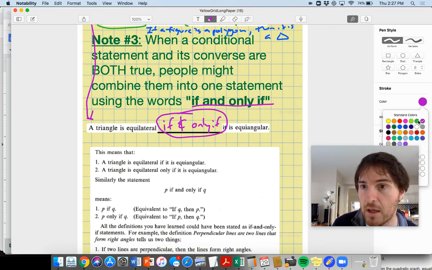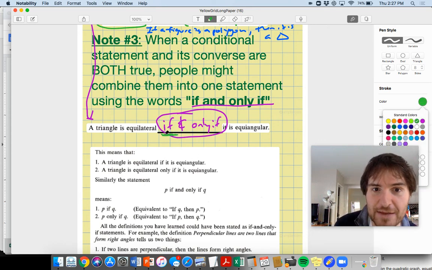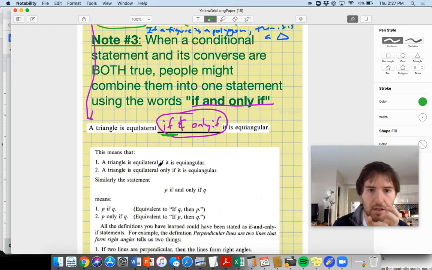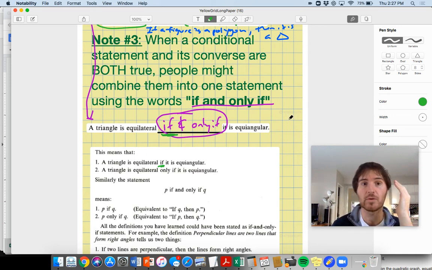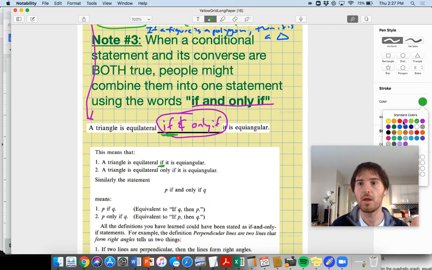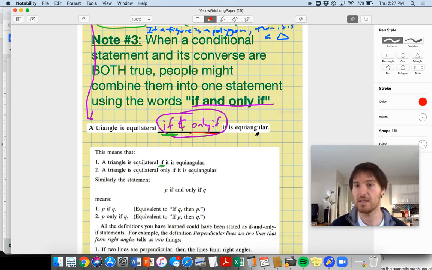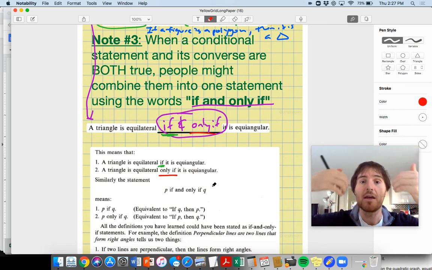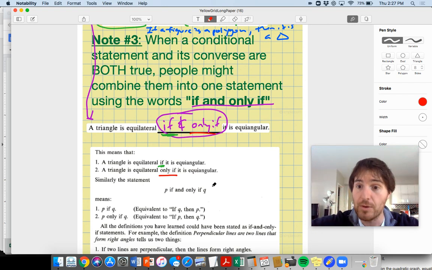So check it out here. We have this if that's hanging out in the middle. So you're saying a triangle is equilateral if it is equiangular. And because we have the only if afterwards, a triangle is equilateral only if it is equiangular. Only if it's equiangular is enough to establish that the triangle is also equilateral.